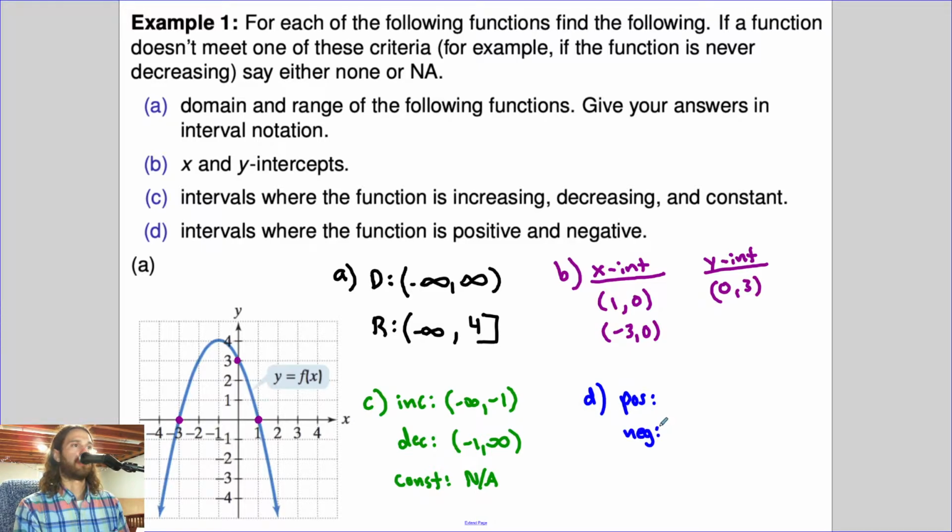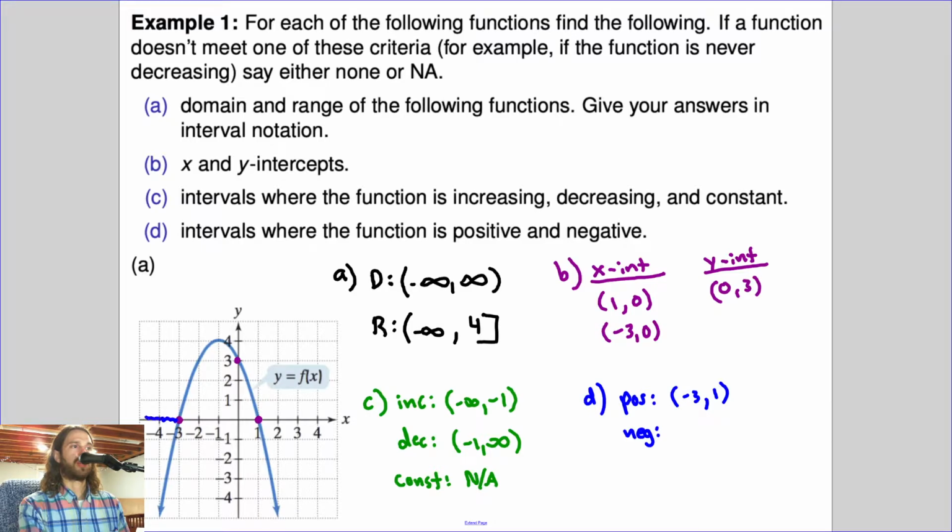Positive, where are we above the x-axis? We're not above the x-axis at these points, so those will not be included at the x-intercepts, but we are everywhere in between. We're above the x-axis from negative 3 to 1. Fantastic. Where are we negative? Where are the x values where we're below the x-axis?